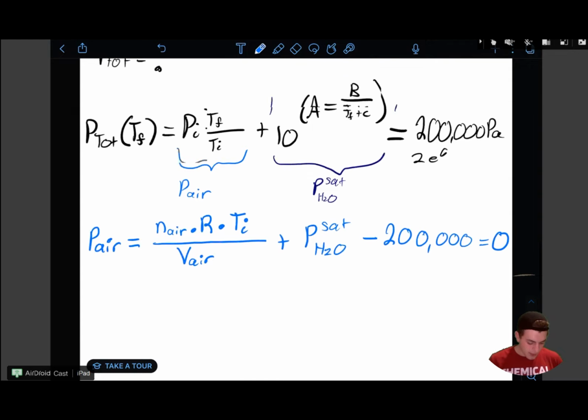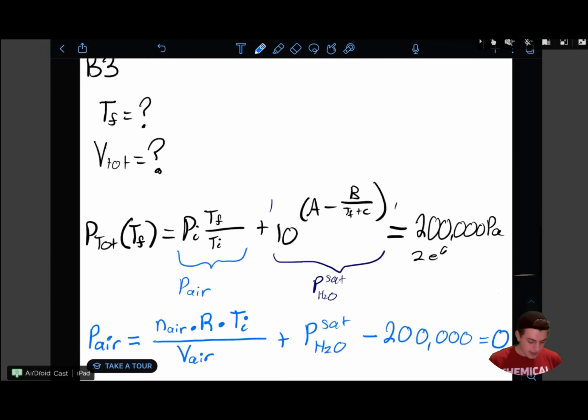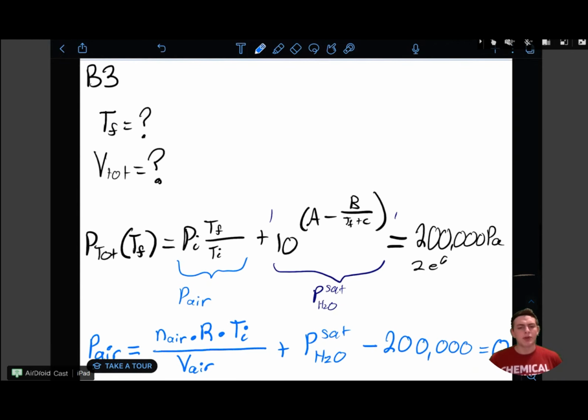Now, for our other equation, we have to go back and remember a little bit of the total volume factors, in which how can we solve for that total volume. So the other big equation in this scenario is using the ideal gas law and subtracting from it the moles of water we require in the vapor phase.